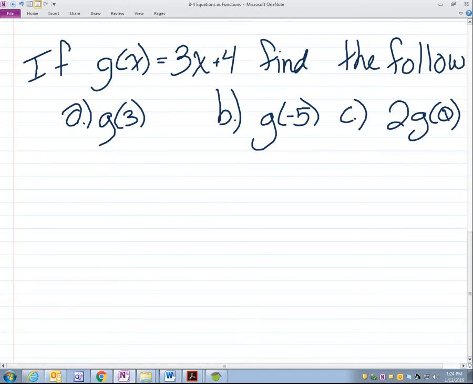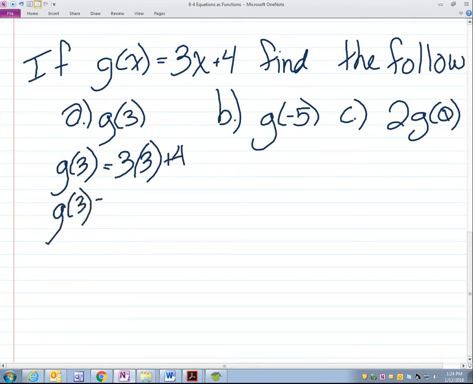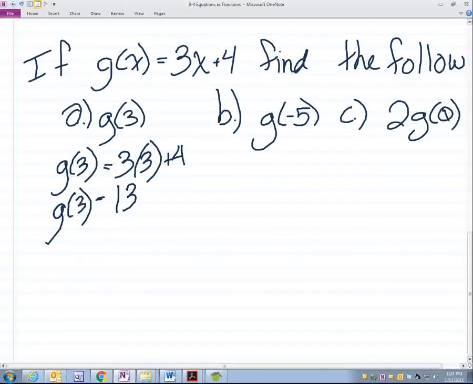Let's do this first one together. So we have our value of x. I'm going to rewrite it as g of 3 is equal to 3 times 3 plus 4. Three times 3 is 9, plus 4 is 13.